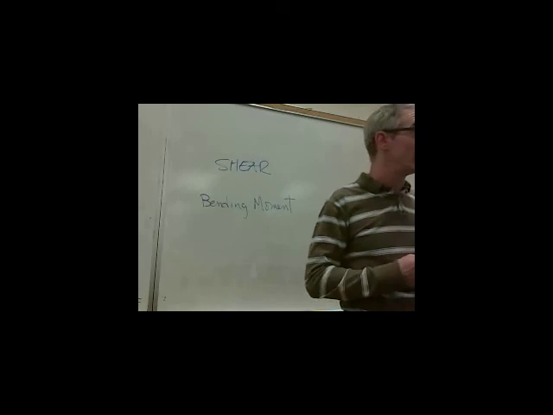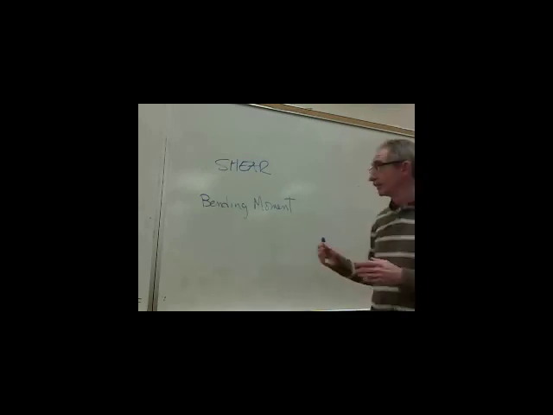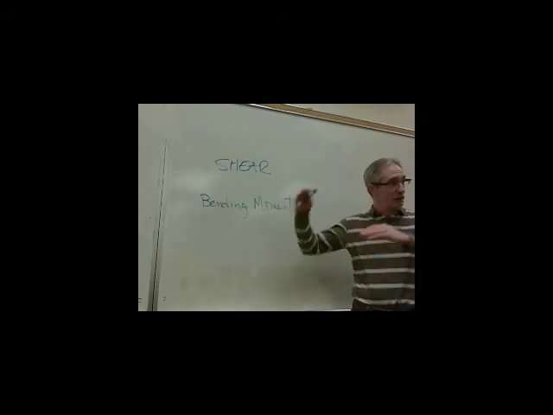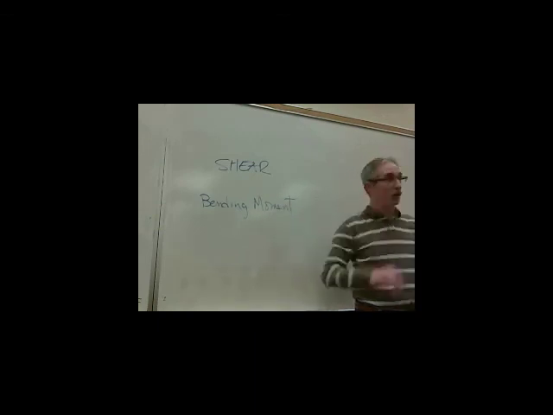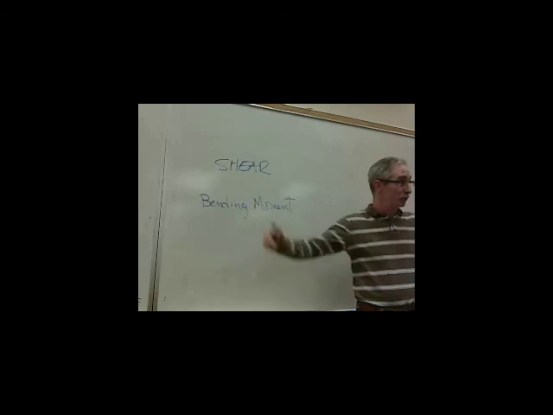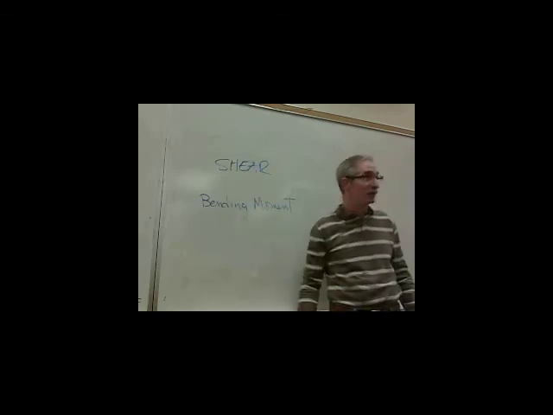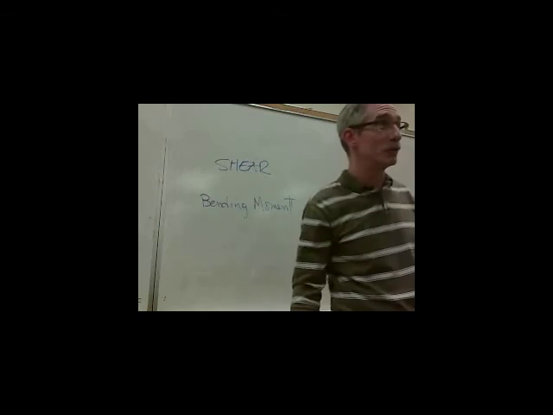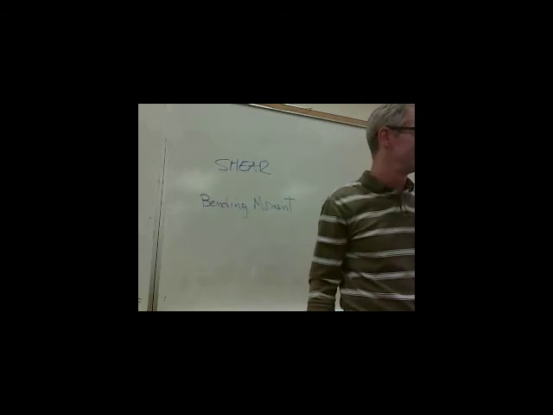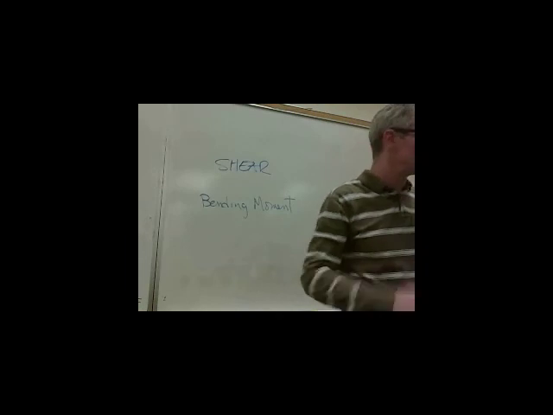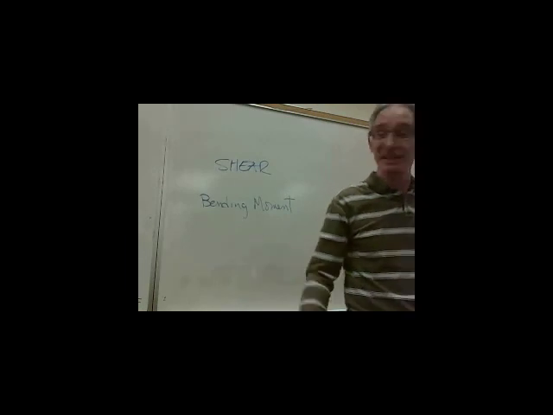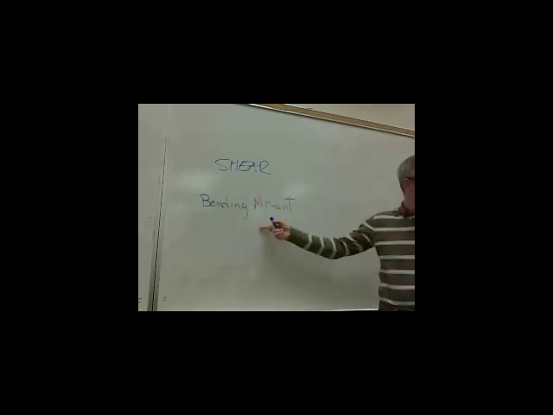Well, guess what? Do you think you'd be able to put a hole in the bottom of a joist right in the middle of that joist? If the joist was 12 feet long, you think you're going to be able to drill a hole right at the bottom of that joist that's 6 feet out? No. There's a reason why they won't let that happen, and it's got to do with bending moment.